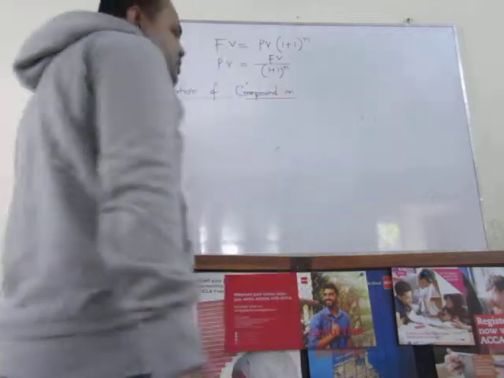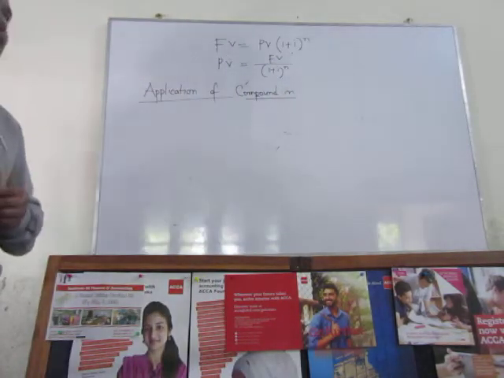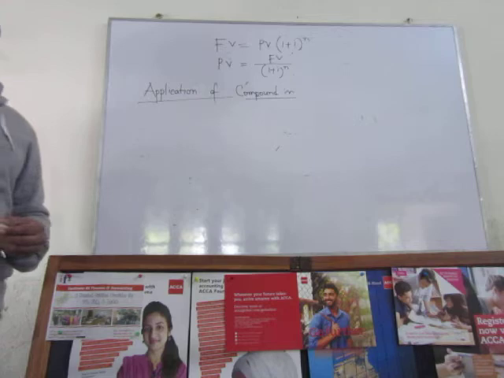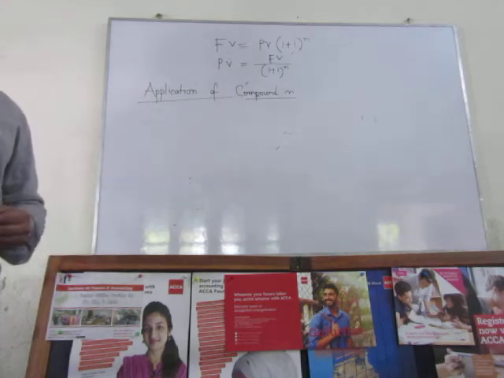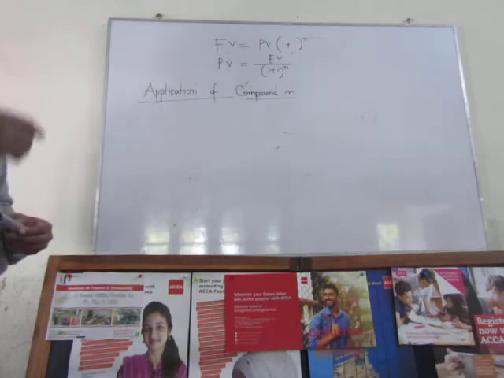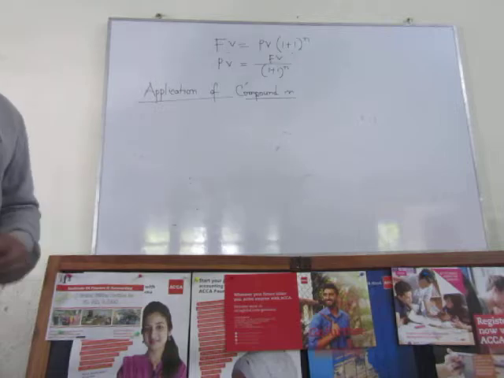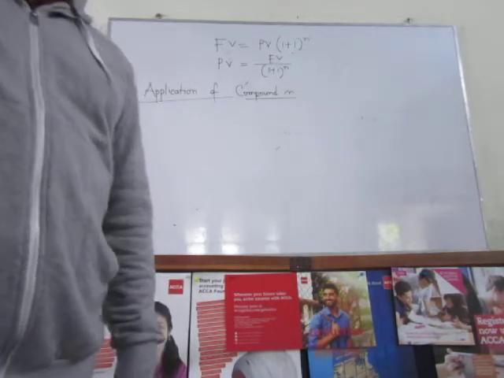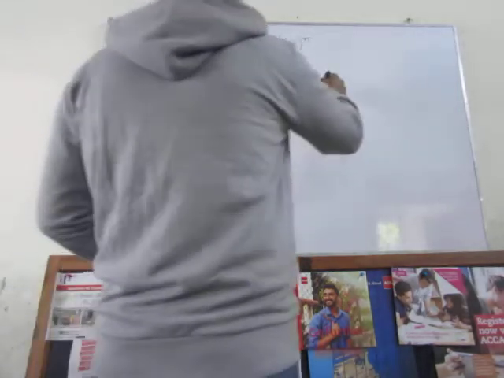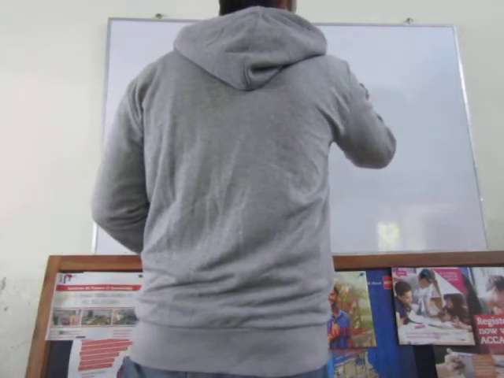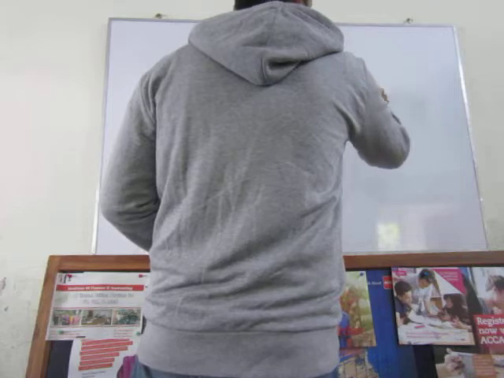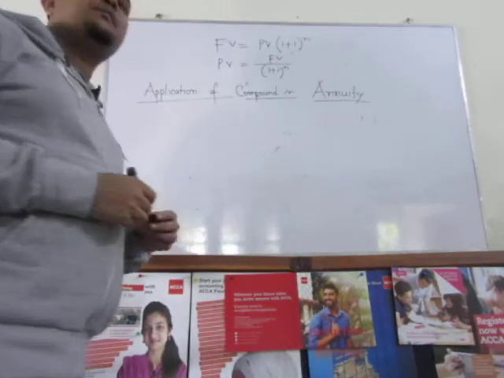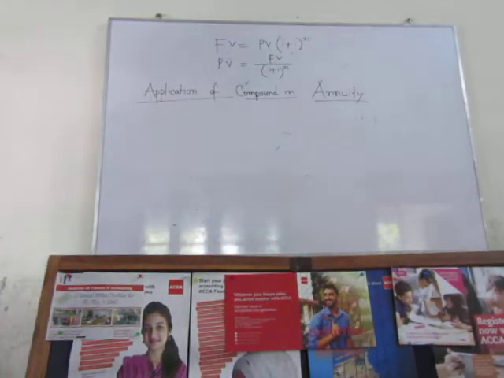Now we'll discuss another part, which is the process of applying the compound interest that we have already learned. The interest যেটা শিখলাম, এটার অ্যাপ্লিকেশনটা শিখব। এই অ্যাপ্লিকেশনটাকে বলা হয় annuity. Annuity. What do you mean by this annuity? Annuity বলতে আমরা কি বুঝি?